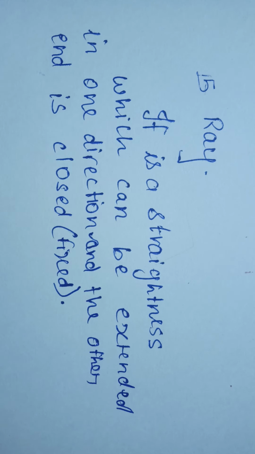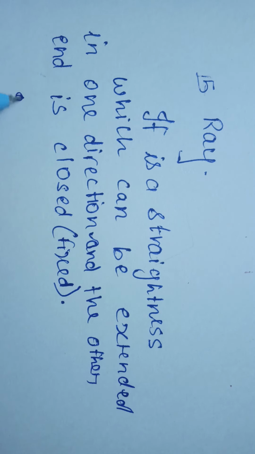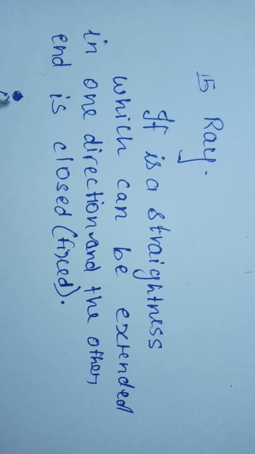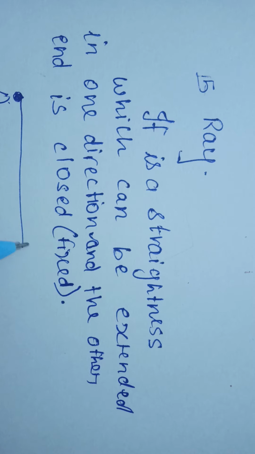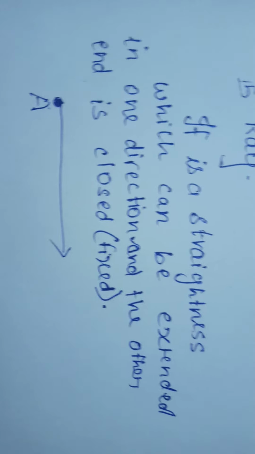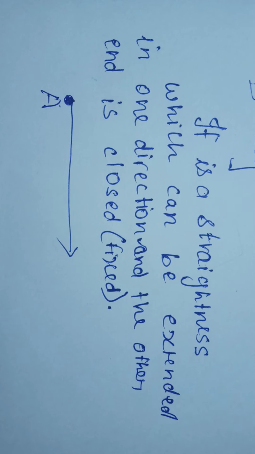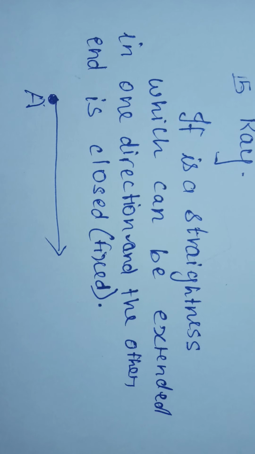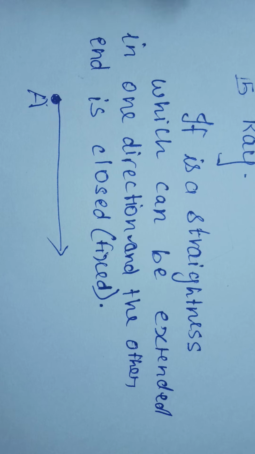Now how it will look is, see, it has one end point. I have named that point A. It will extend in one direction, but the other end will be fixed.